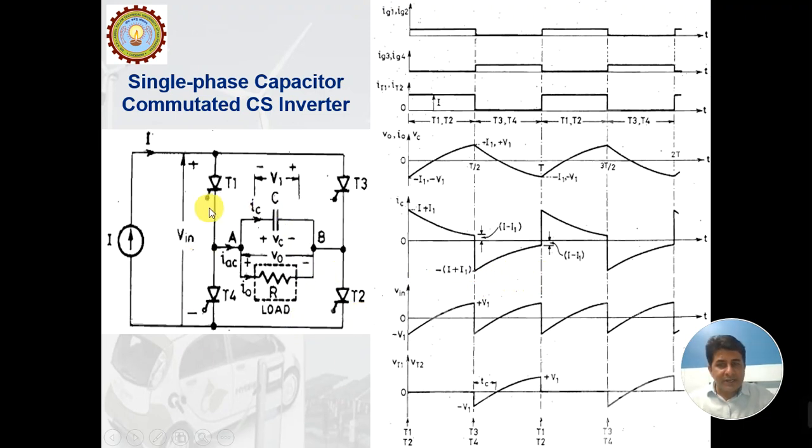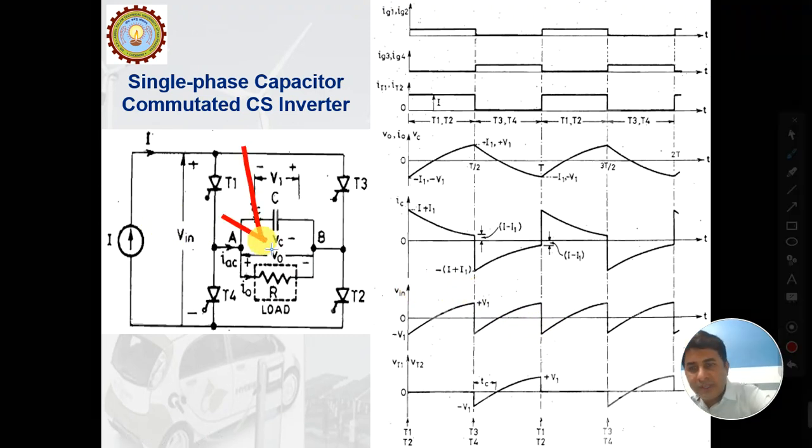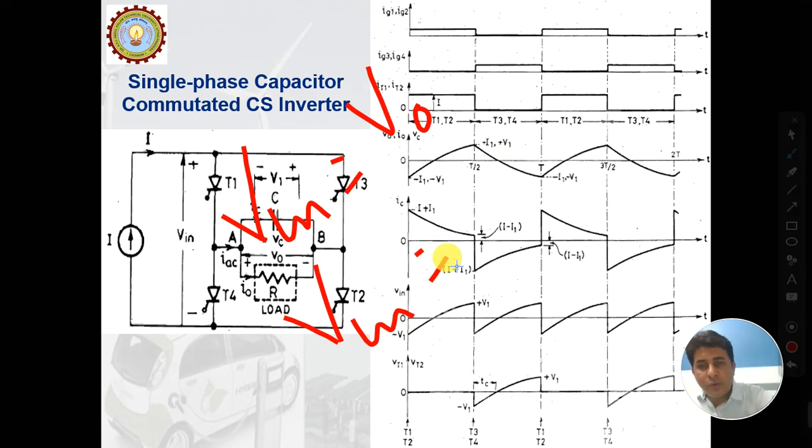But because of the unidirectional switches, the input voltage cannot reverse. That is why from 0 to T by 2, Vin is equal to V0, and from T by 2 to T, Vin is equal to minus V0. During this time, this is just the reverse of this waveform, and the cycle continues.